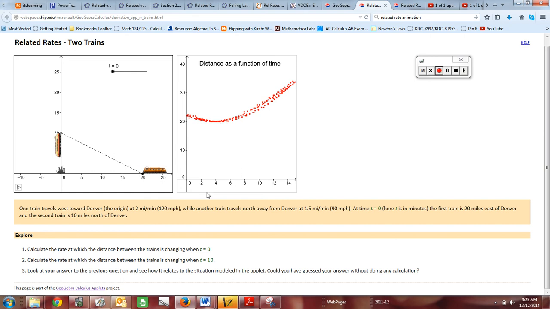So at t equal to 0, at that instant, it should not surprise us that we're going to have a negative rate here. But at t equal to 10, the next instant they ask you to calculate, we should end up with a positive rate when we do the calculation.